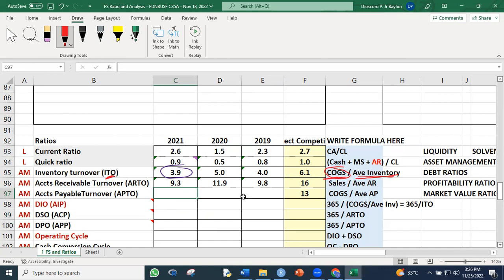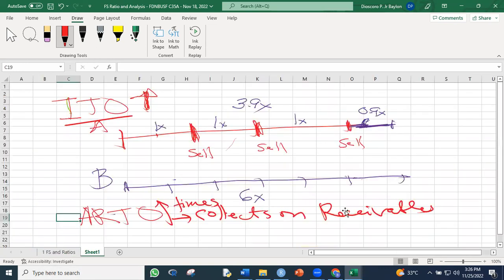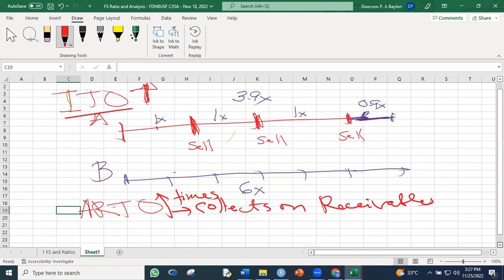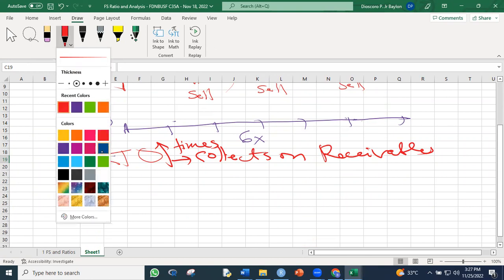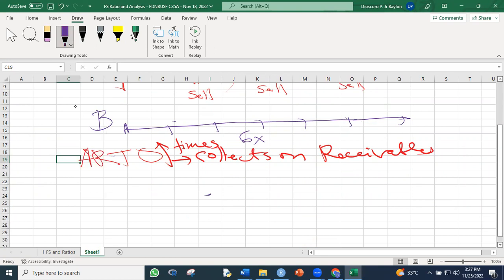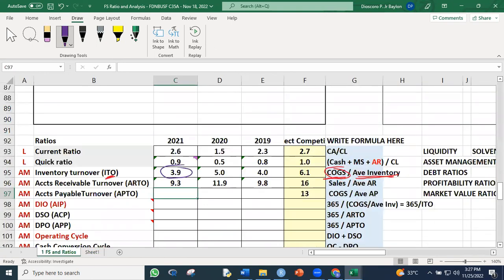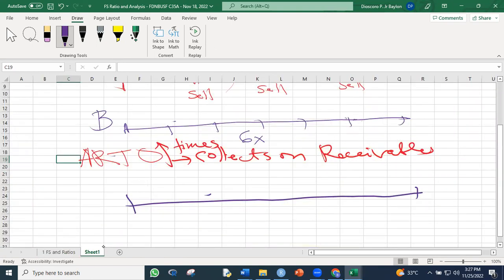Okay, so let's go back to our sample, 9.3 times. That's how fast we're collecting on our receivables. Let's draw a timeline. This is 1 year. For our company, it's 9.3.